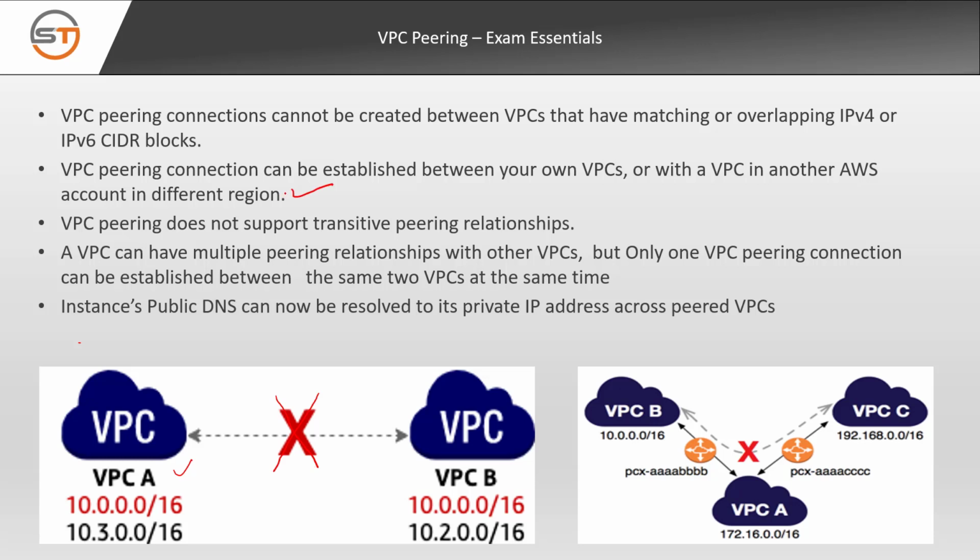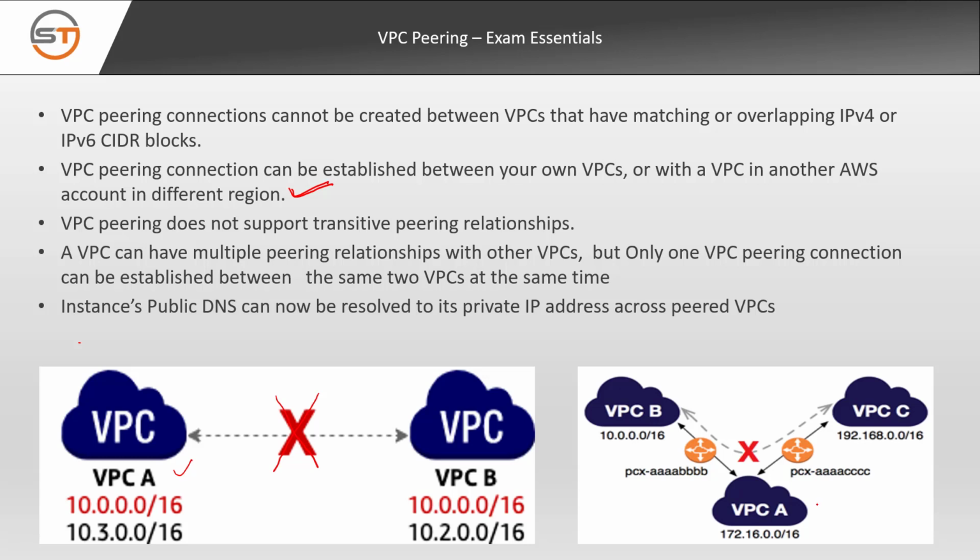Next, a VPC peering connection can be established between your own VPCs or with a VPC in another AWS account, in a different region. So you can establish a VPC peering connection between two VPCs which are in the same region, whether in the same account or different AWS accounts. And also you can establish peering connections between VPCs which are in different regions.